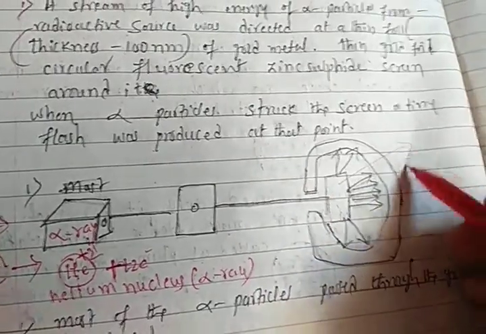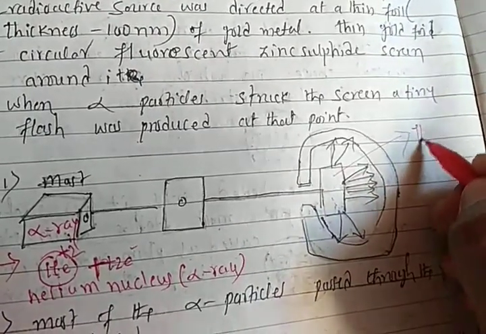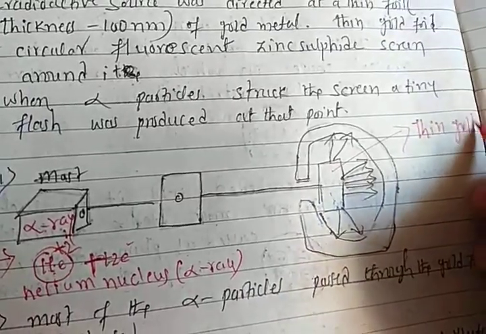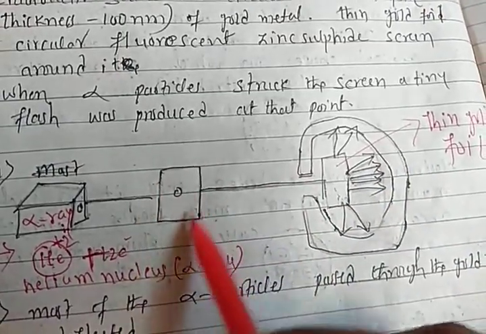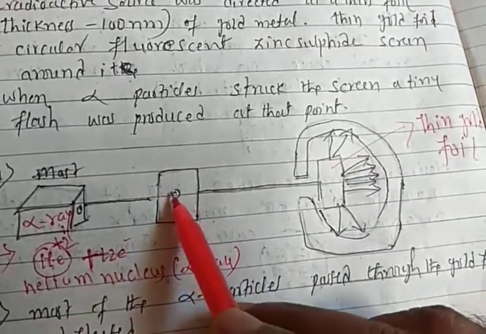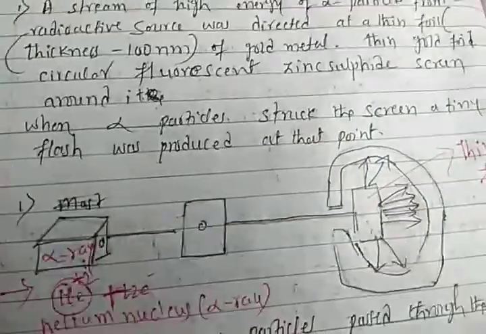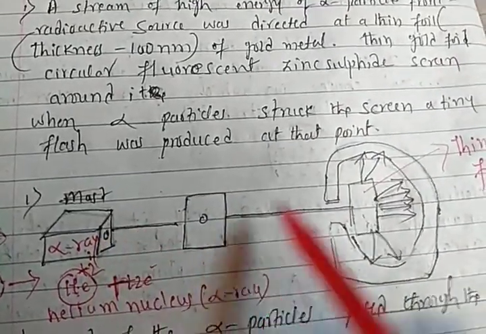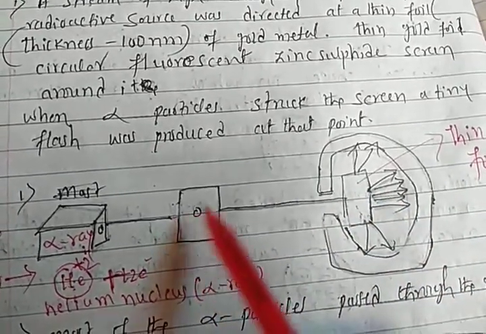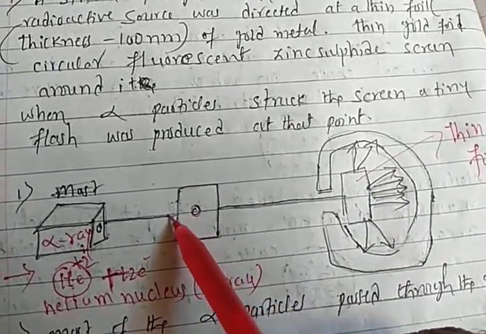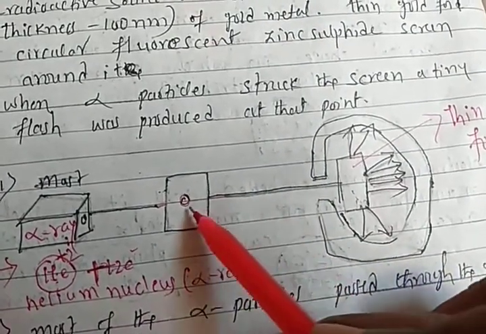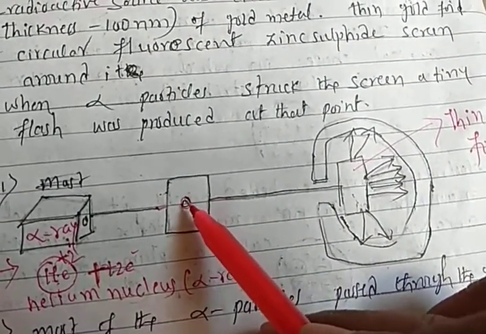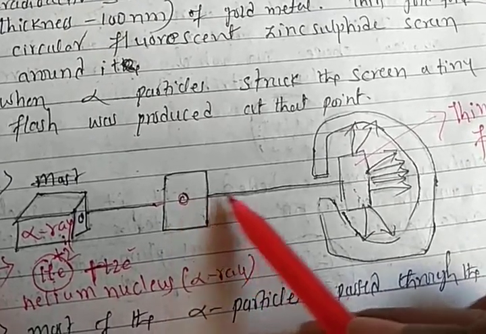Here a plate is used which contains a small hole, through which a narrow beam, a single line of rays, is allowed to pass.